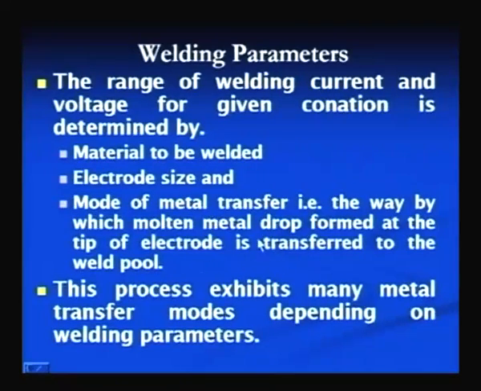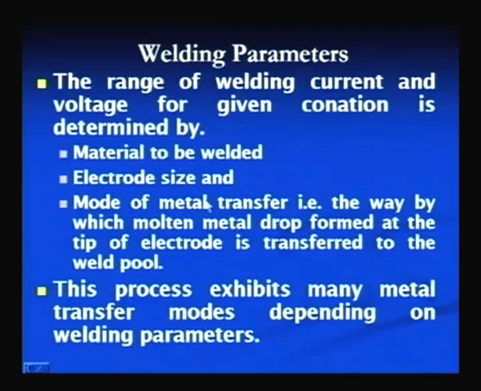So, here as per the requirement, the suitable transfer is to be selected, and which can be obtained by selecting the proper welding current or welding voltage. So, that is why these three factors, like material to be welded, electrode size, and the metal transfer which is required, play a significant role in selection of the welding current and the welding voltage.